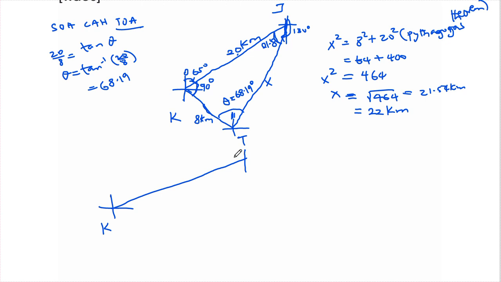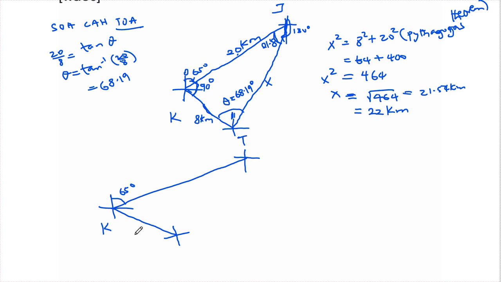So let's say this is K, and from K you went to this T on a bearing of 65 degrees. So let me call here 65 degrees. Remember, if here is 65, here is also 65. Okay, but that's by the way.